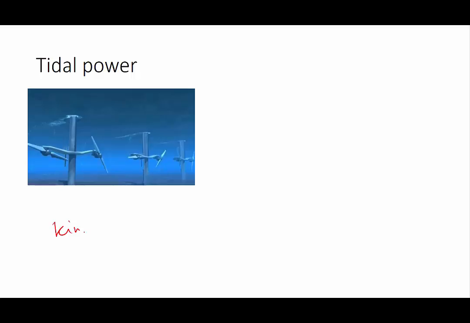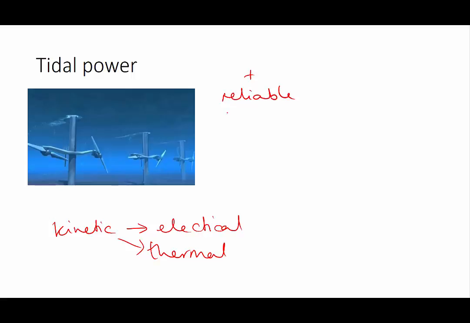Tidal power uses the kinetic energy of the water in the tides, converts that through a turbine and generator into electrical energy. Now, tides are powered by the moon. So the moon's energy goes into them. So they're really reliable. As long as the moon is going around the Earth, we're going to get tidal power. It's renewable and there's no pollutant gases.